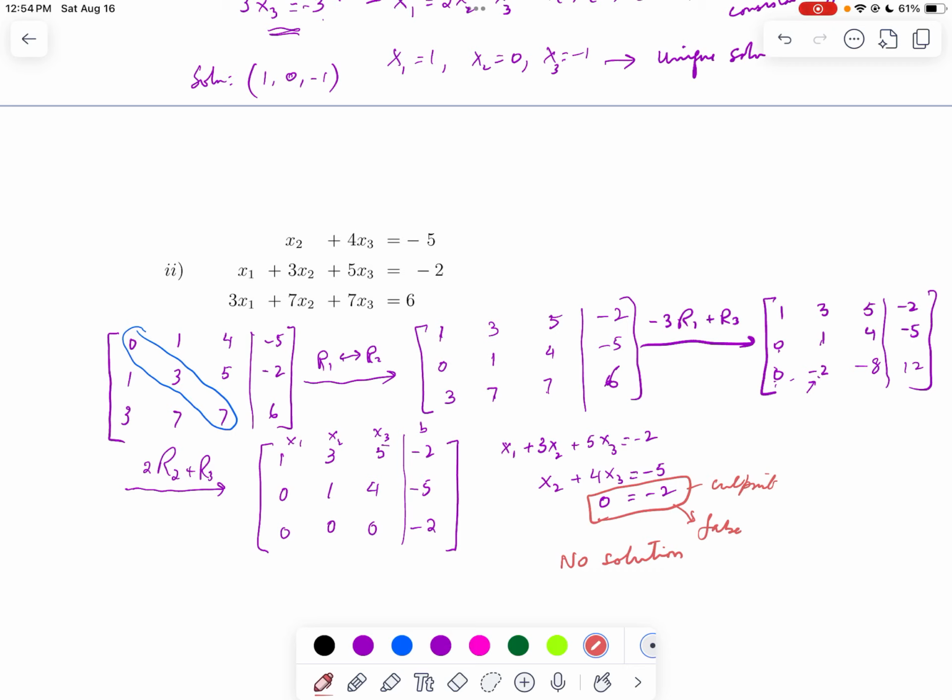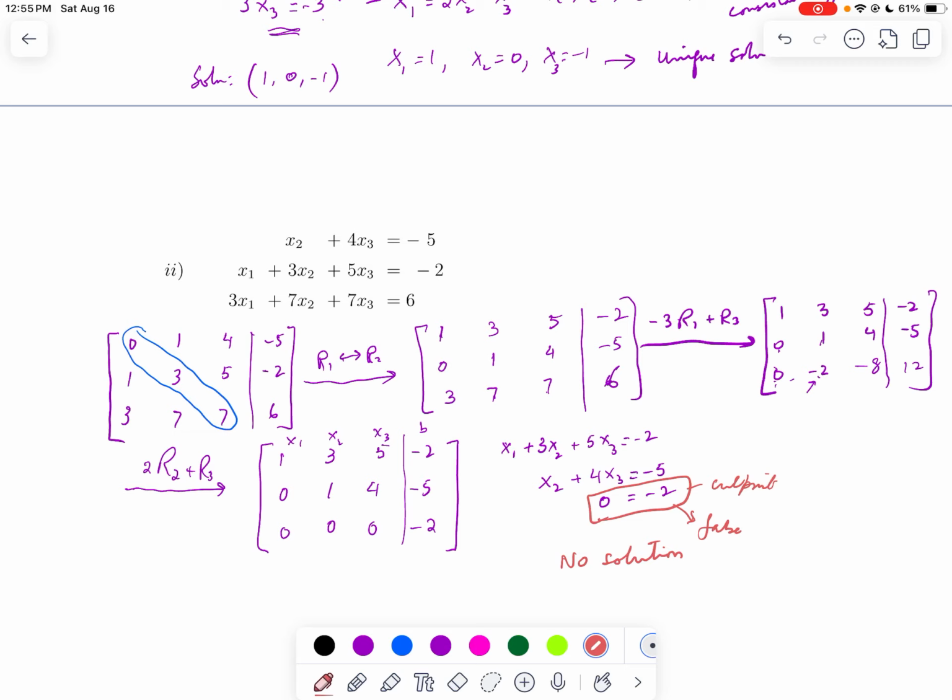Even if x3 could be any number in other situations, in this case, because we are getting a wrong statement, we say there is no solution. Okay, so I showed you the two cases where we have a unique solution and no solution.